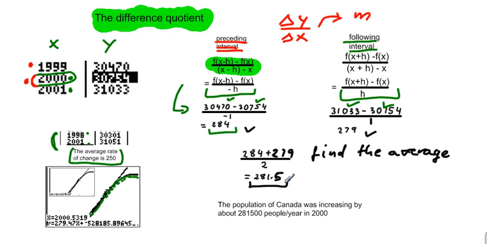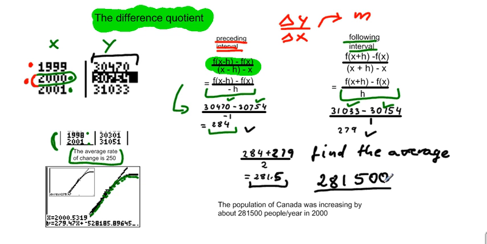If you use your calculator, you get that reading, which means the following. The population here in the column Y is given in thousands. So let's change this value to 281,500. So this is the rate of change, the estimated rate of change of the population of Canada in year 2000.